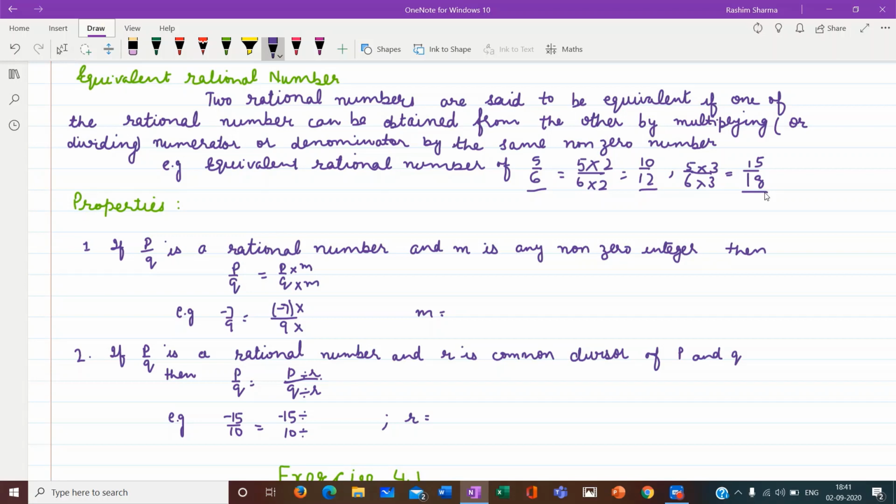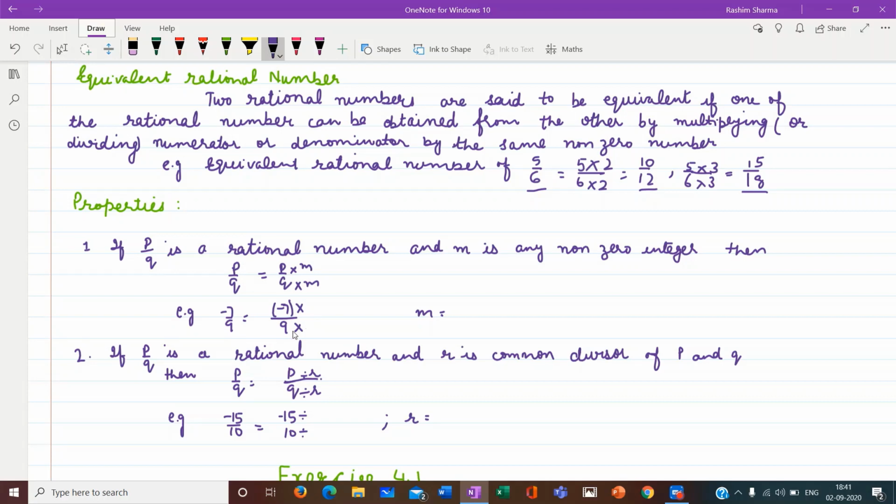Now let us discuss a few properties here. If p upon q is a rational number and m is any non-zero integer, then p upon q is equal to p into m upon q into m. So both will be multiplied with the same non-zero integer. Let us take this example, minus 7 upon 9.